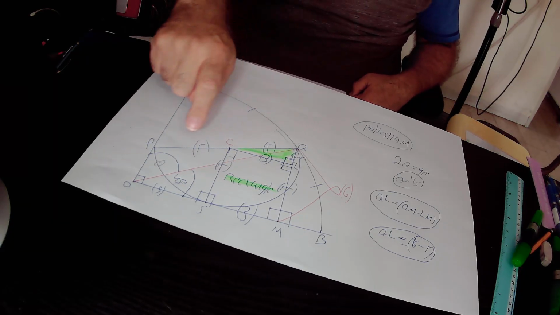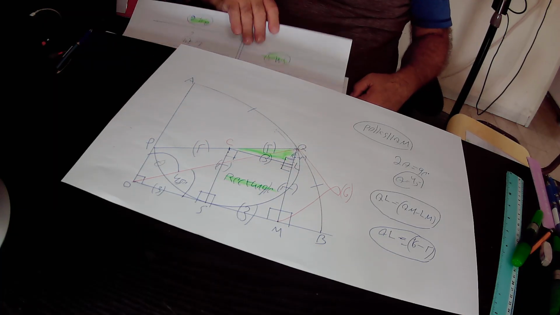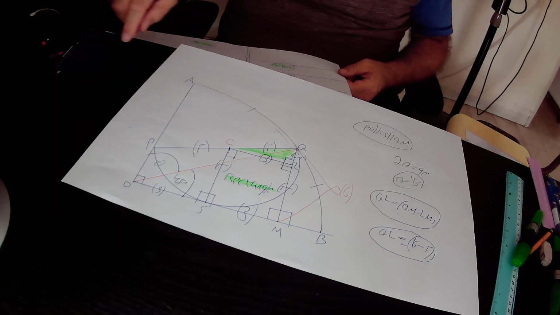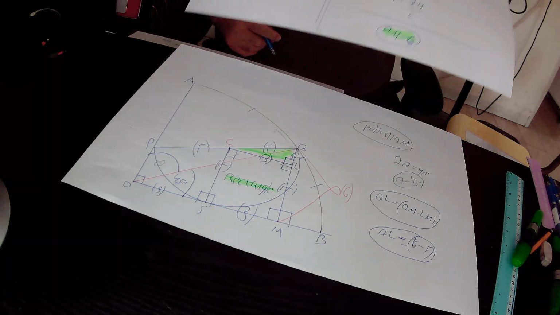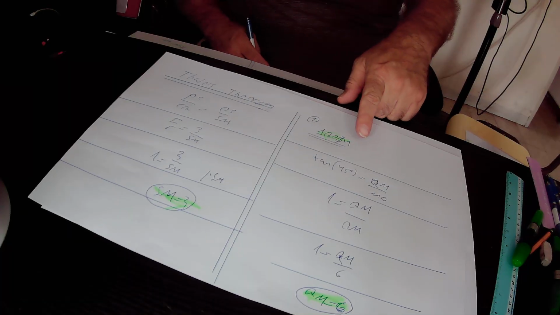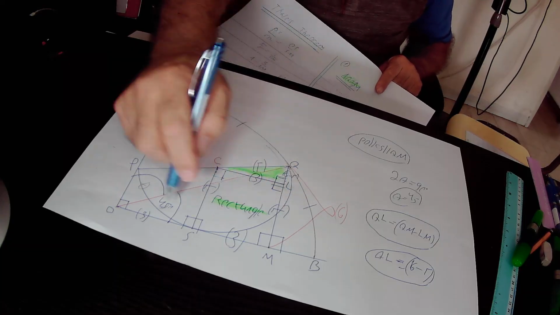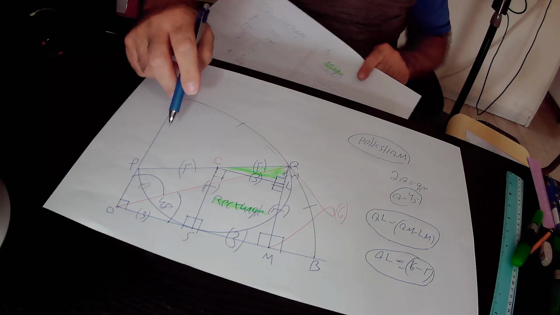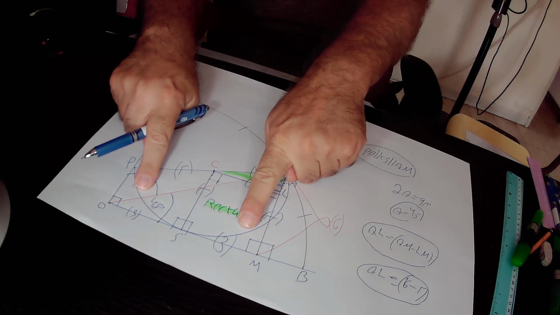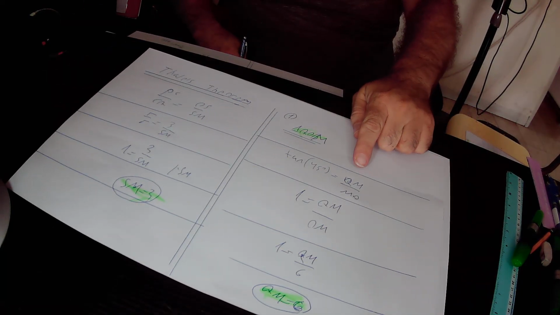So in the right triangle QOM, tangent of 45 degrees equals QM over OM.